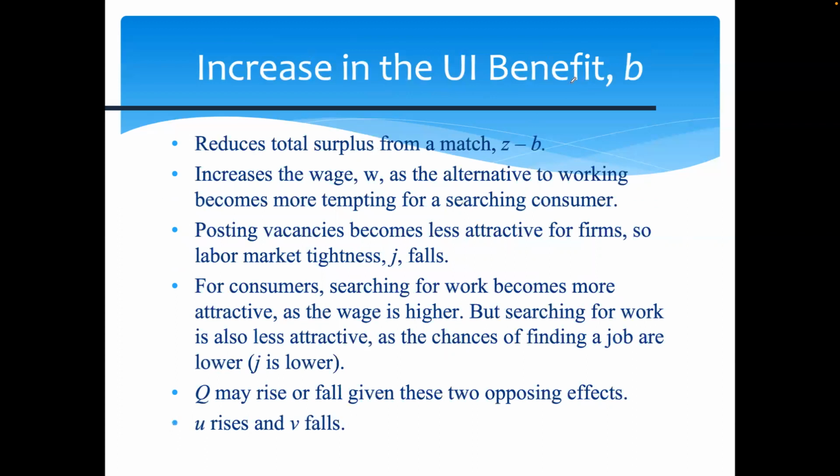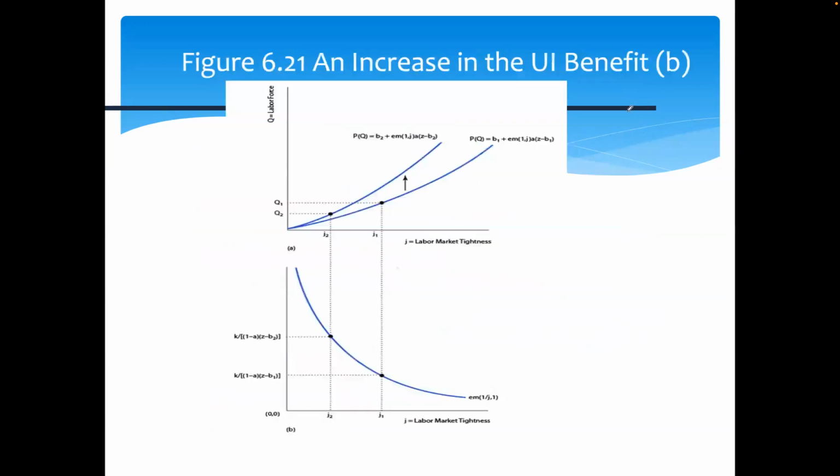First, let's look at if there's an increase in UI benefit. Immediately, that is going to reduce the total surplus. Like B increases, and then the difference between Z and B is going to decrease. So the total surplus is going to decrease. Let me just use the graph to explain what would happen. Z minus B decreases.